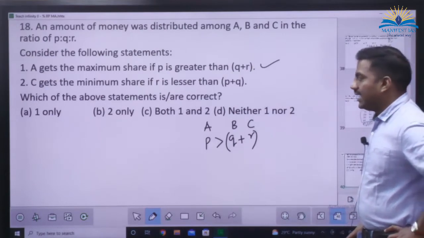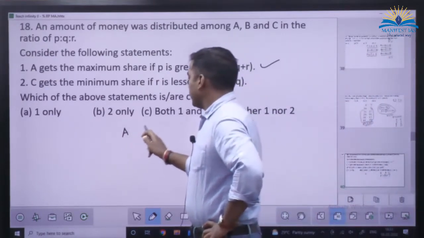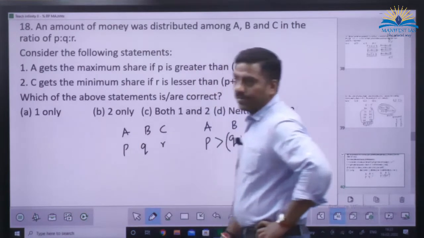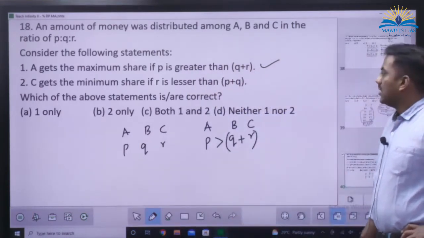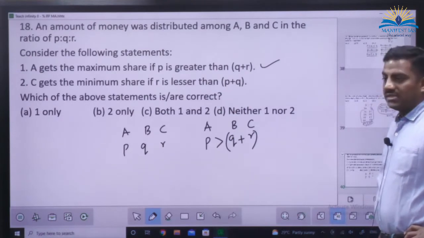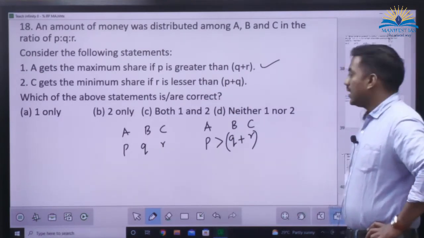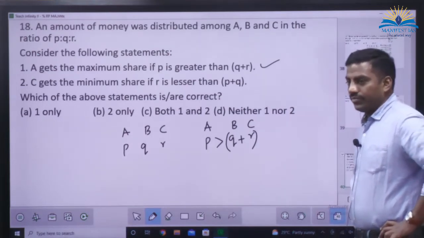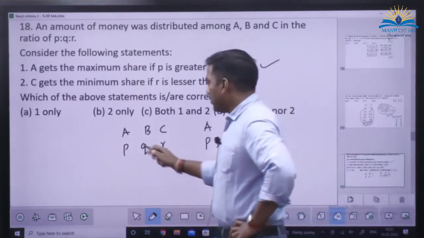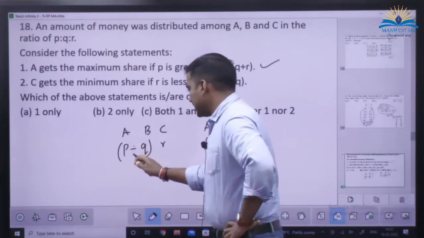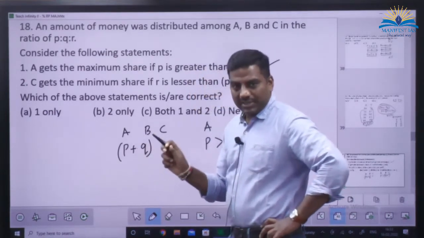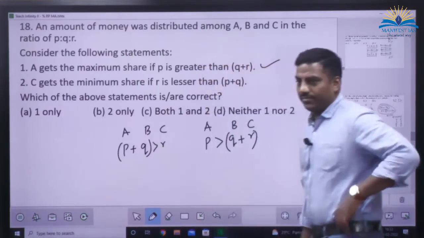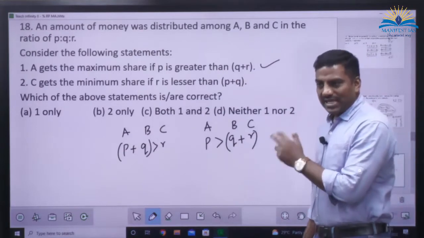Now, second. C gets the minimum share if R is lesser than P plus Q. R is lesser than P plus Q. Can I write P plus Q is greater than R, rather than writing R is lesser than P plus Q?